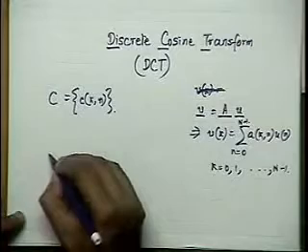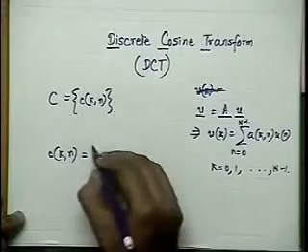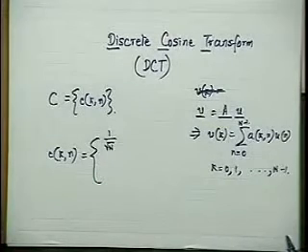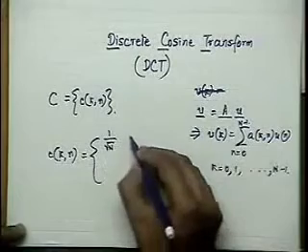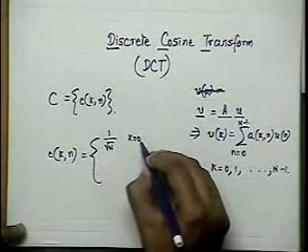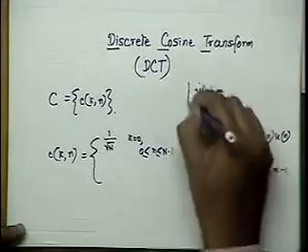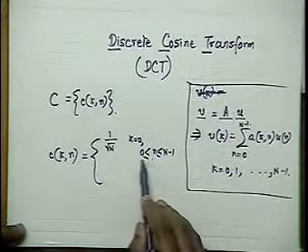Now, the definition of the elements is simply this: C_kn is equal to 1 upon square root of N. You know why the square root of N factor is coming, because in the case of the unitary one-dimensional DFT, we had the factor 1 by square root of N. So very similarly 1 upon square root of N, in order to preserve the unitary property, but this is for k equal to 0, and n defined for 0 to capital N minus 1.